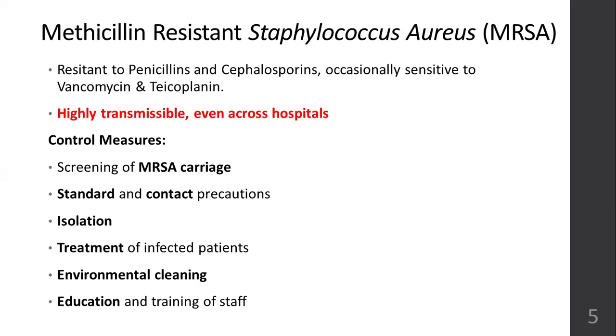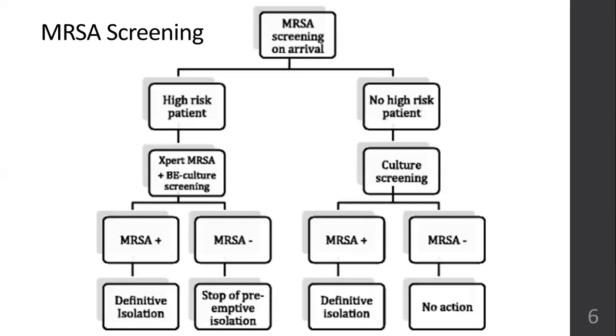Training and education of staff is usually about antibiotic resistance, importance of hand hygiene, using glutaraldehyde wipes, chlorhexidine wipes, all wipes, isolation policy. These all are the basics of education and training of staff when it comes to MRSA infections.